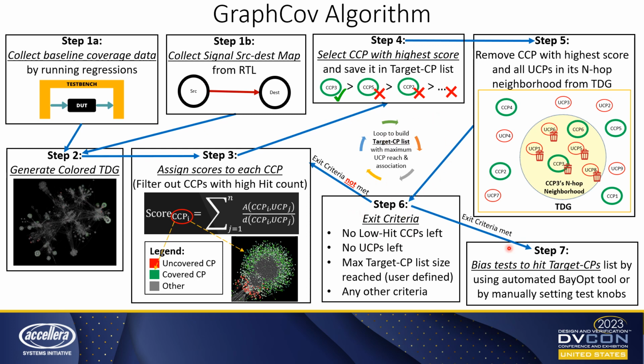Once we hit the exit criteria, our aim is to bias tests to hit the target CPs. For this, we use the BAYOP tool, or sometimes it's also possible to ask TB engineers to give a set of test plus args, which would bias the test towards these target CPs.